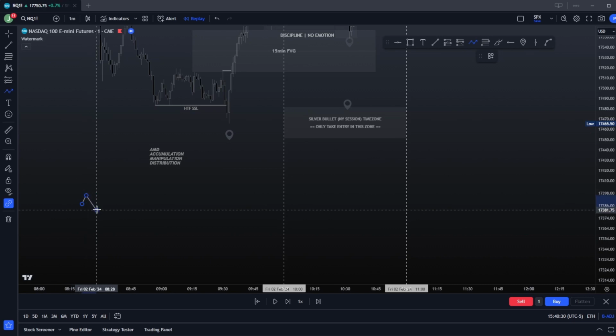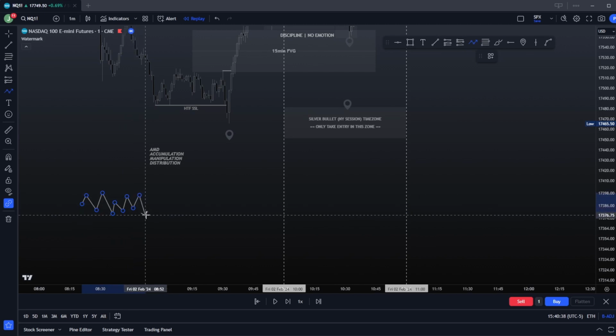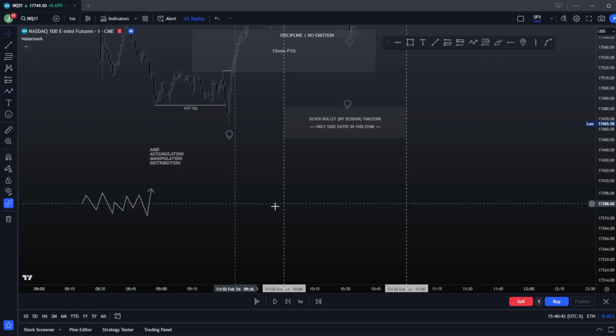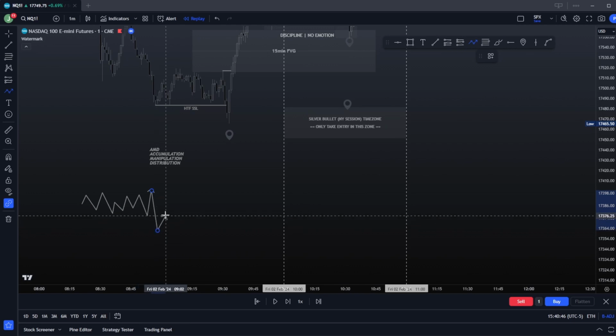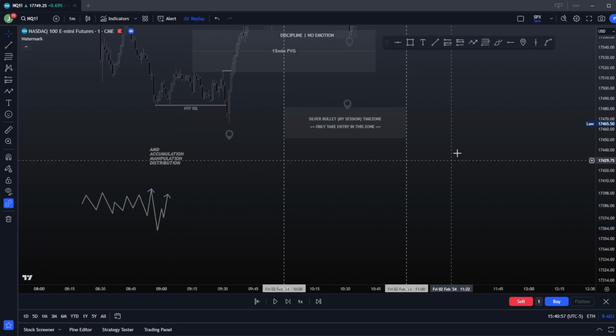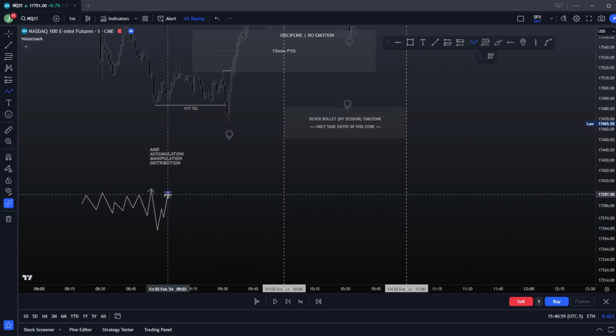Accumulation, in the form of collecting orders, maybe in a search and destroy, consolidating in some crappy range. And then you have some form of manipulation, in the form of a retracement of some sort, on a higher time frame. Comes back up. Then, what do we have?